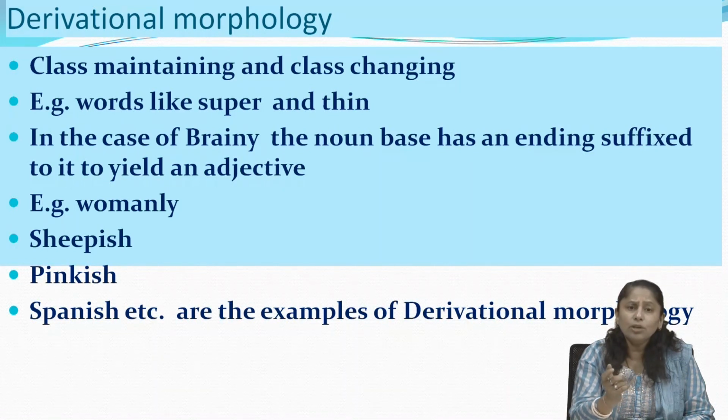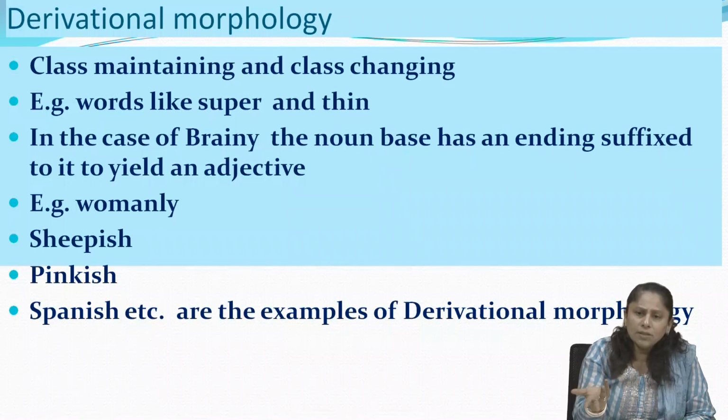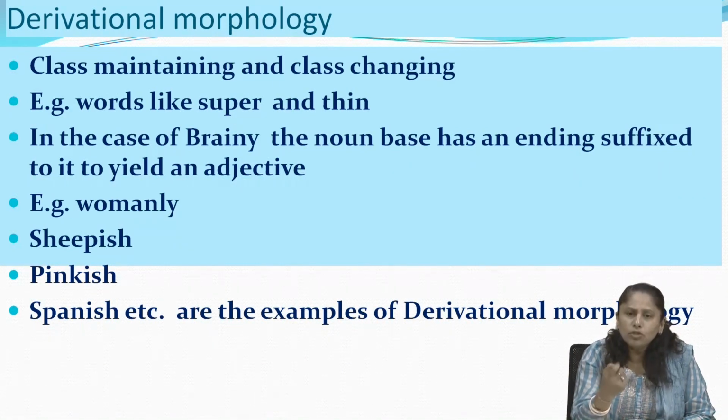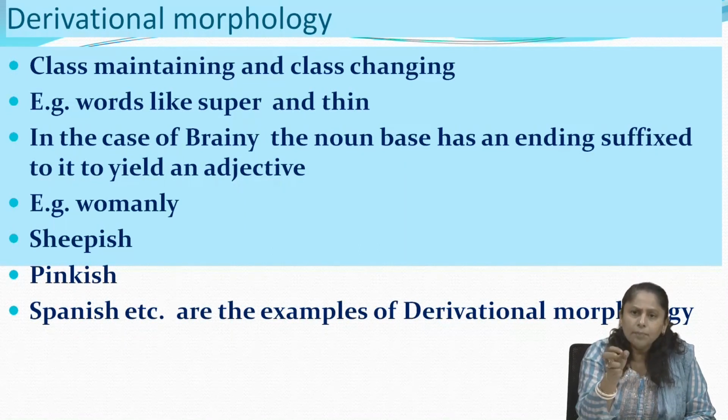In the same way, you can utilize some other words like supernova, super thin, superpower, super intelligence, super duper. What is all this? They are merely the combinations of two words together, and that is why it is known that two words are together suffixed. In the case of brainy, the noun base has an ending suffix to it to yield an adjective.